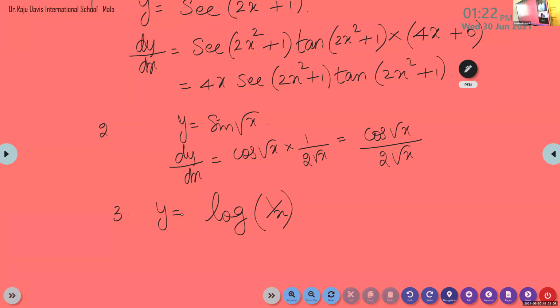Derivative of log x is 1 by x. So what will be the derivative of log of 1 by x? It is 1 by 1 by x, isn't it? Into, in the place of x we have 1 by x. So what is the derivative of 1 by x? It is minus 1 by x square. So here 1 x will get cancelled. So the answer will be minus 1 by x.